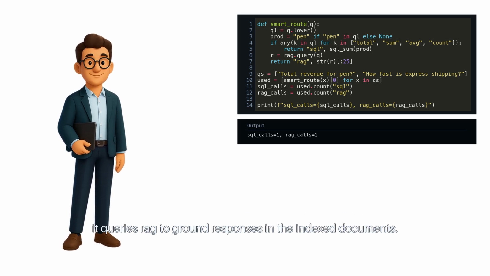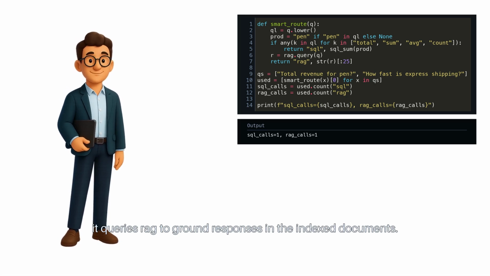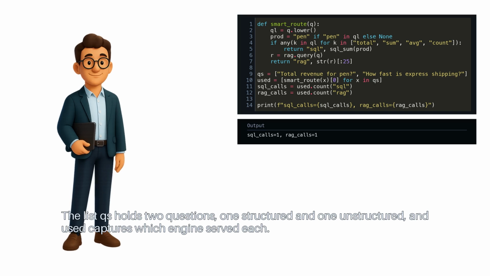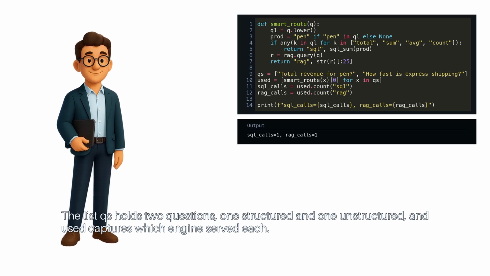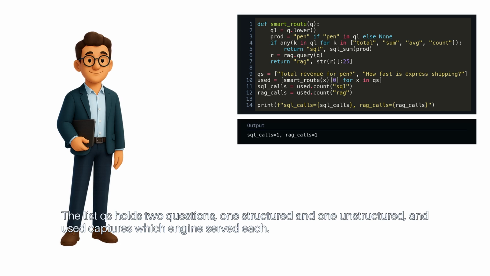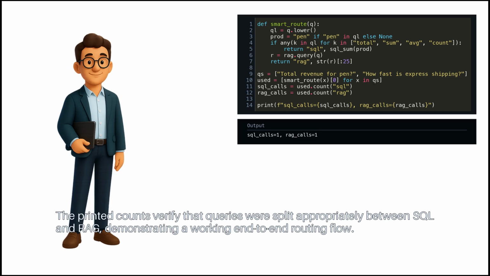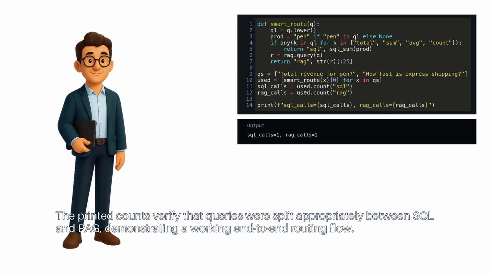For everything else, it queries RAG to ground responses in the indexed documents. The list QS holds two questions, one structured and one unstructured, and used captures which engine served each. The printed counts verify that queries were split appropriately between SQL and RAG, demonstrating a working end-to-end routing flow.